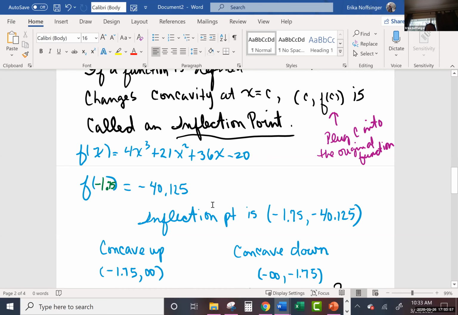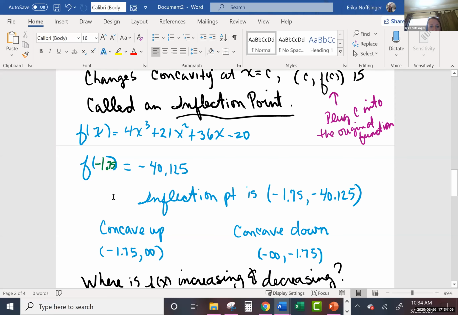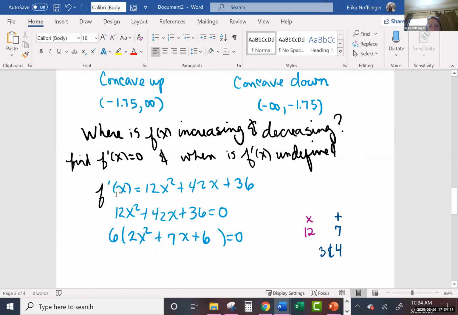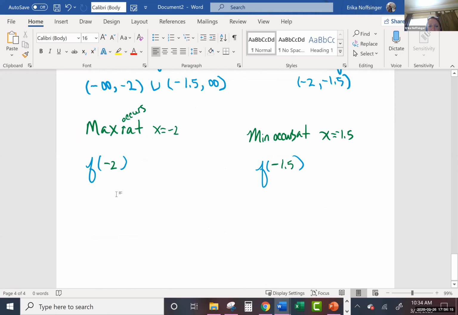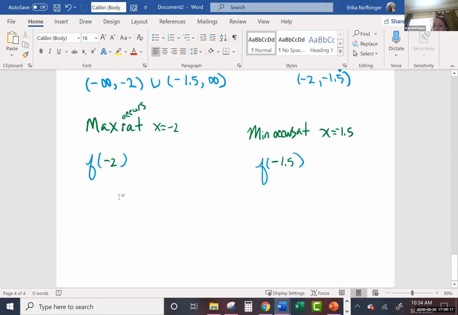So that's negative 40.25, which makes sense because notice that at negative 1.75, we got negative 40.125. And those two x values are really close and those y values are really close. So that was at x equals negative 1.5. And this was negative 40.25.